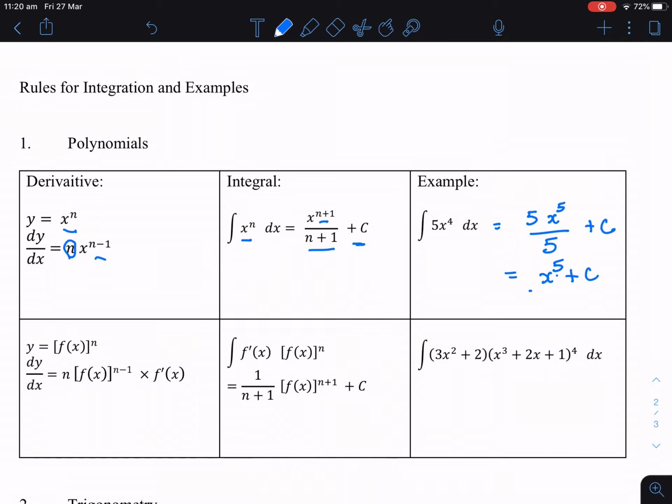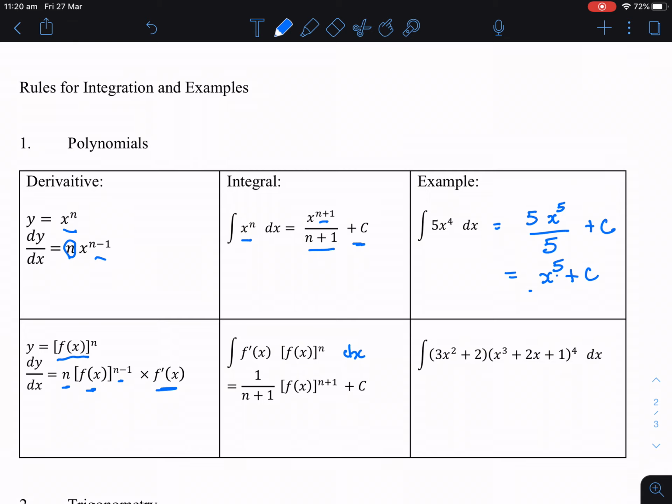In the more broad case, so for some function to the power of n, remember that we used the chain rule. So in the chain rule, we brought the power down, we subtracted 1 from the power, and the function stayed the same. Then we multiply by the derivative of the function. So in this case, it's going to be a really special situation that we're going to need to have the derivative of the function times the function of x to the power of n, integrating with respect to x.